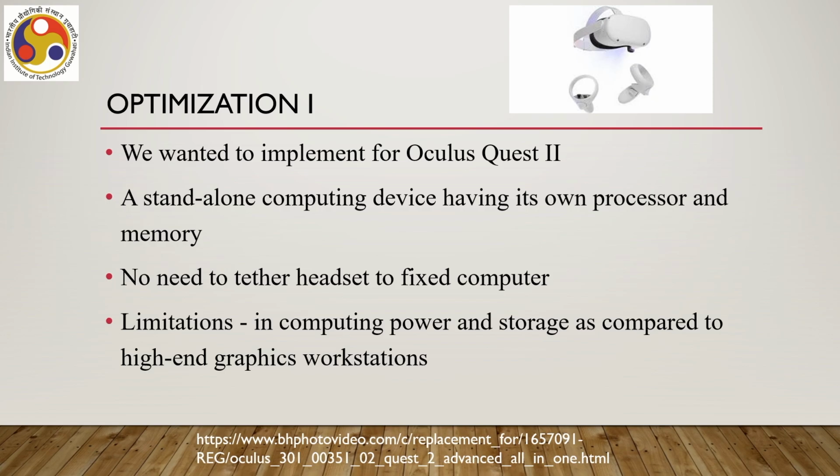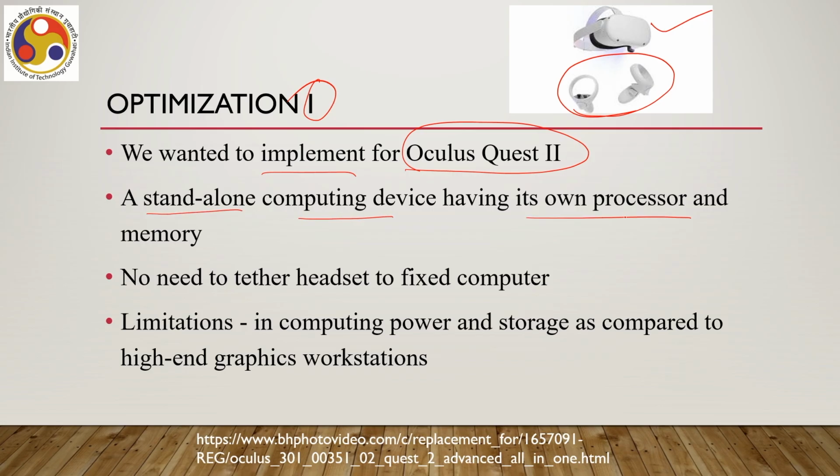Let us talk about two such techniques. Optimization 1: here we wanted to implement our system for the Oculus Quest 2 device, as shown here. It comprises a headset and handheld controllers. Oculus Quest 2 is a standalone computing device having its own processor and memory.